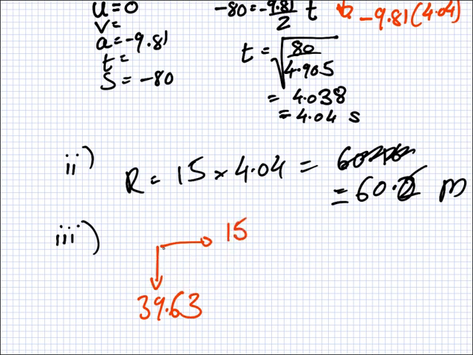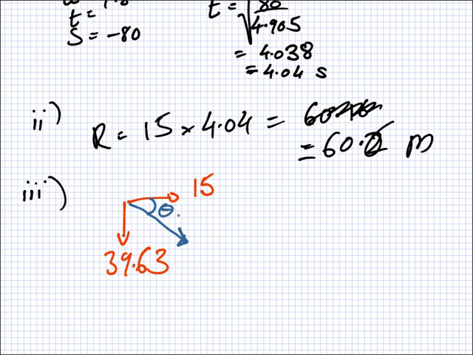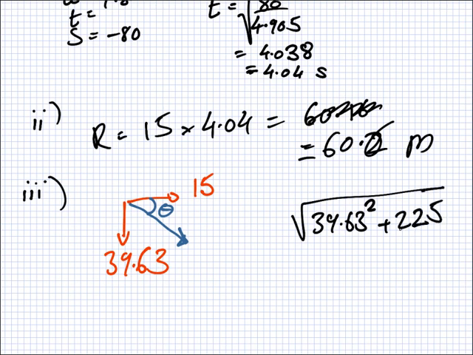What they want is this and this. Your answer should contain the direction. So, square root of 39.63 squared plus 225. That's 42.4.